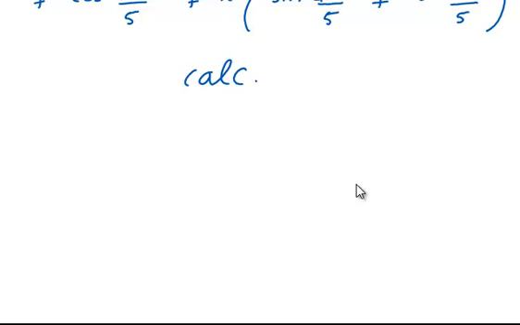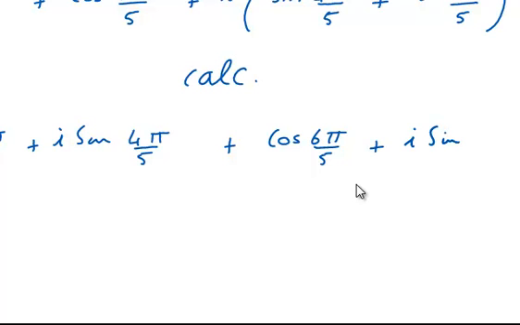You can look at it this way. This is interesting. This is just properties of complex numbers, and I'll just do it because it's cropped up. So let me just go back to cos of 4 pi over 5 plus i sine 4 pi over 5, and then you have the cos of 6 pi over 5 plus i sine 6 pi over 5. Now you can see there that they're two different numbers in polar form.